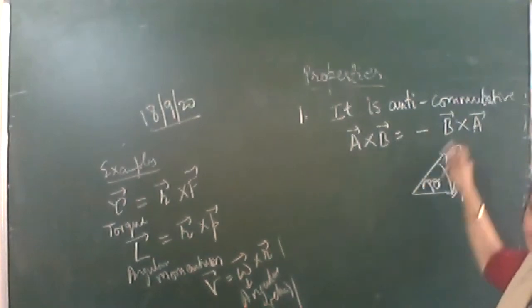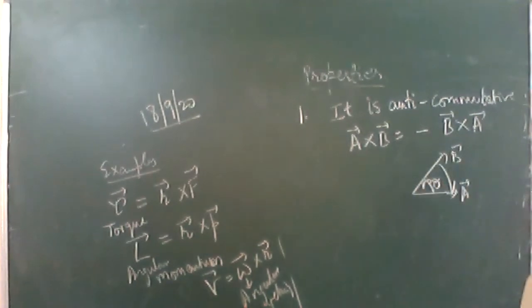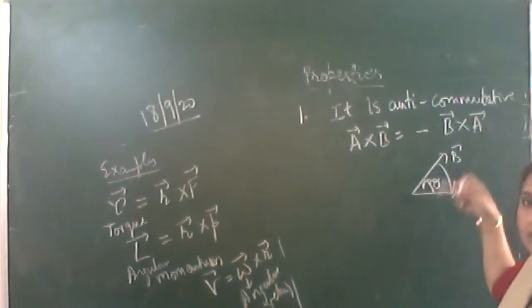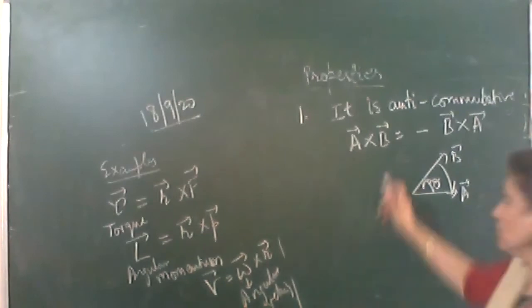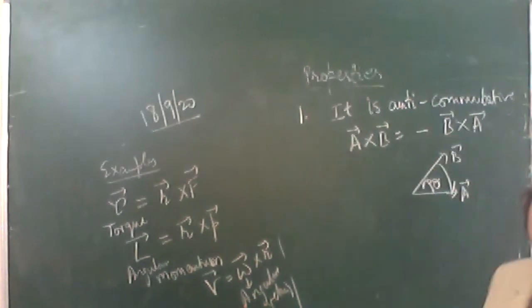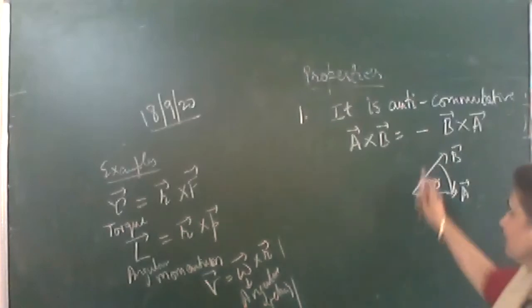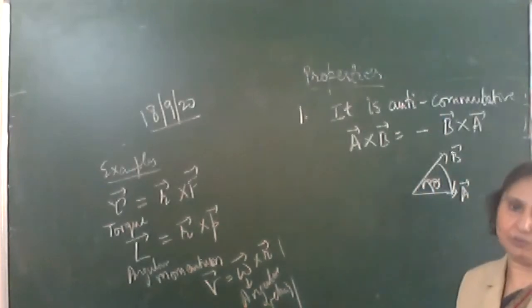Suppose A cross B vector is C vector. So B cross A vector will be minus C vector. That is why A cross B is equal to minus of B cross A vector. Magnitude is the same, but the direction is opposite. So we say that it is anti-commutative.